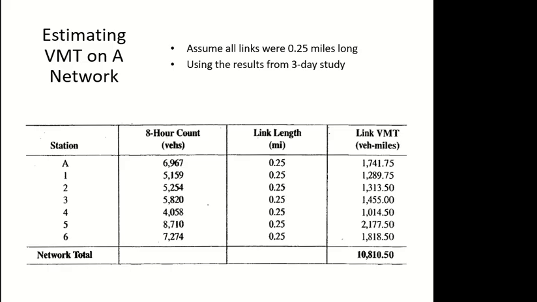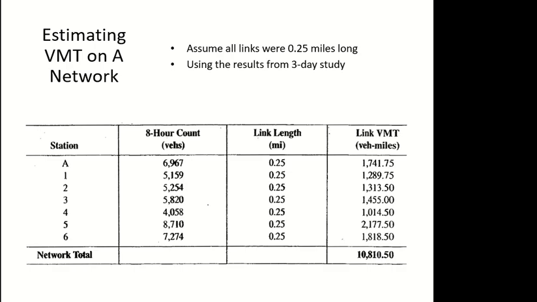Now we move on to another concept which is called VMT, vehicle miles traveled. Vehicle miles traveled is the product of the length of the highway and the volume of the highway. Multiply the length of the highway with the volume of the highway, and it becomes vehicle miles traveled. Now the length could be in kilometers as well.